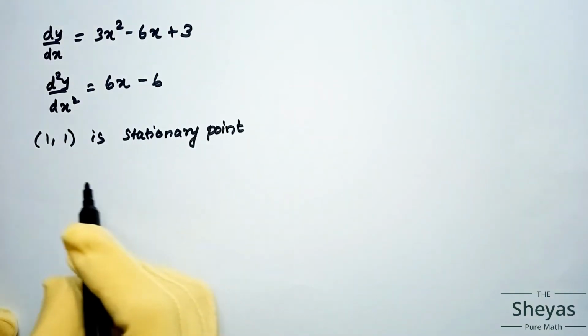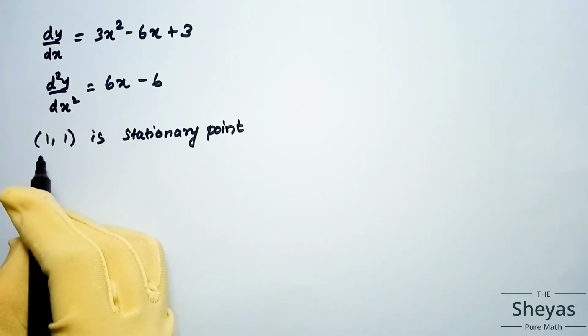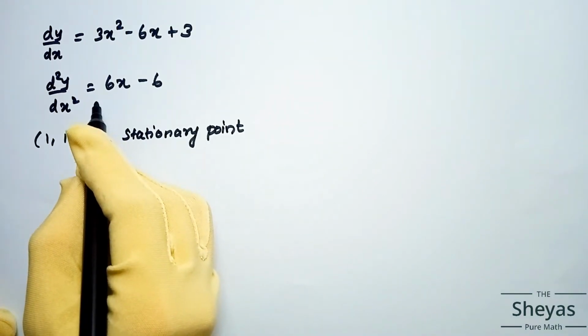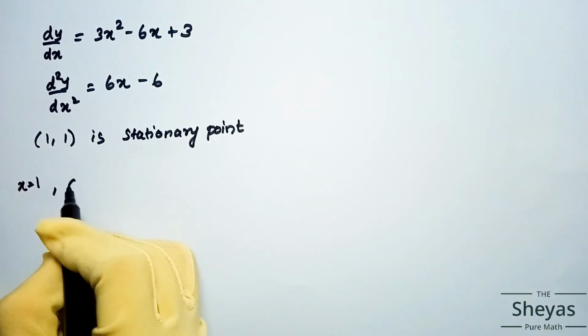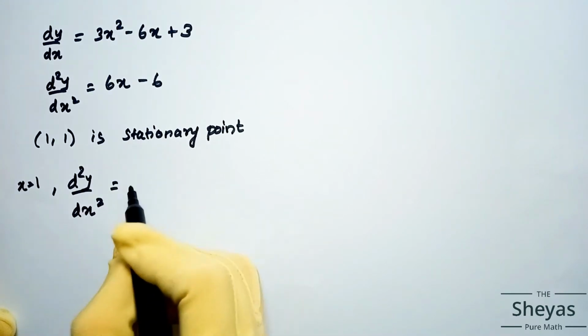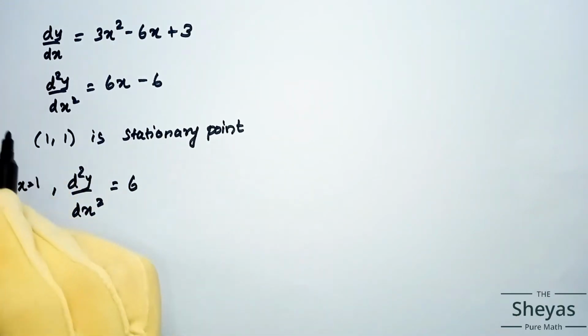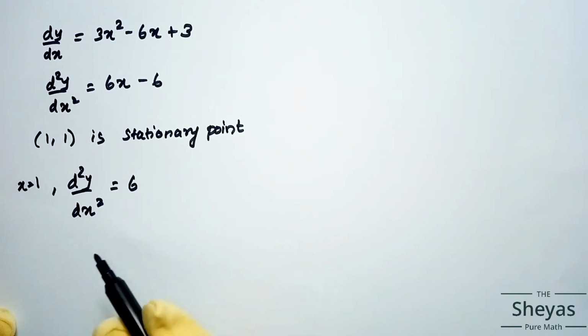So for this stationary point, you have to substitute the x coordinate, that is 1, in the second derivative. When x is equal to 1, just see what the second derivative value will become. You are applying the stationary point in the second derivative to find the nature of the stationary point.